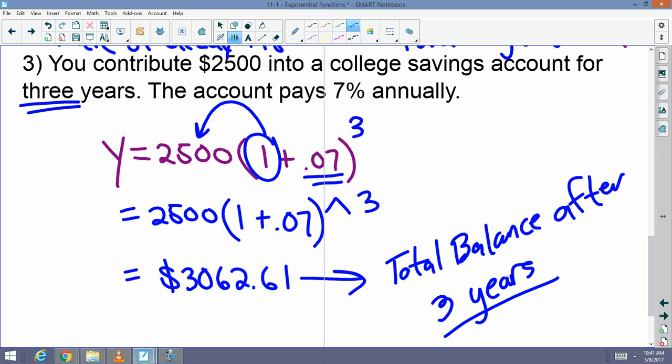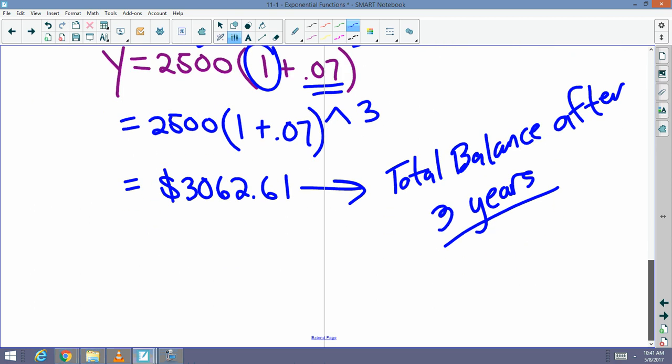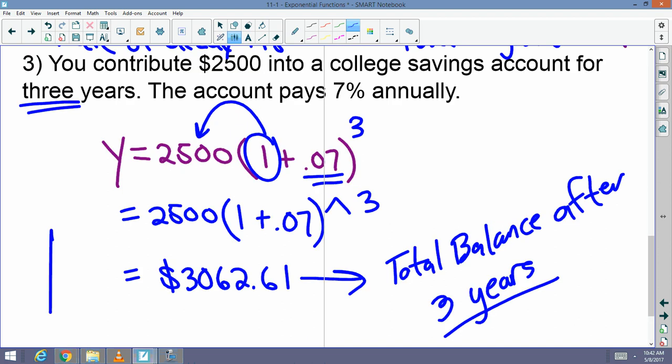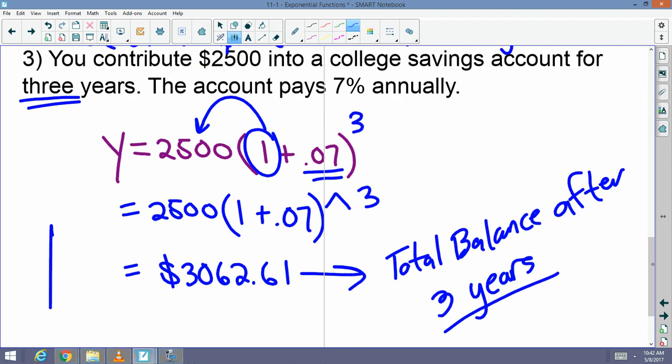If that's my total balance, how much money did I earn in interest? How much money did I make? My total balance after 3 years, guys, was $3,062.61, and I started with $2,500. What is the interest that I earned?